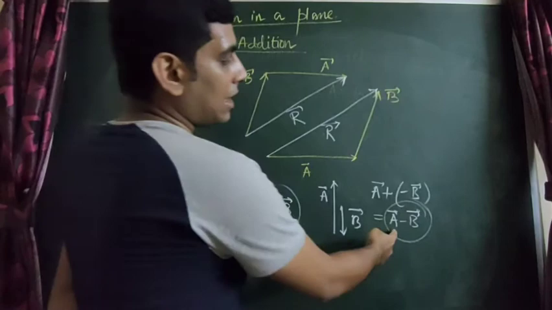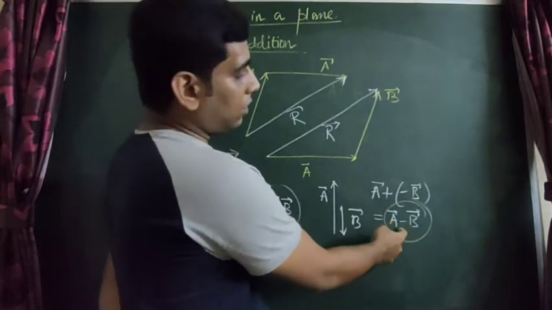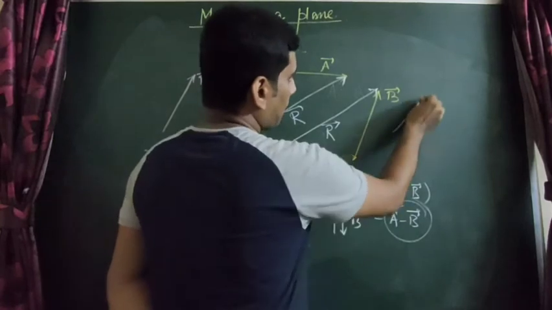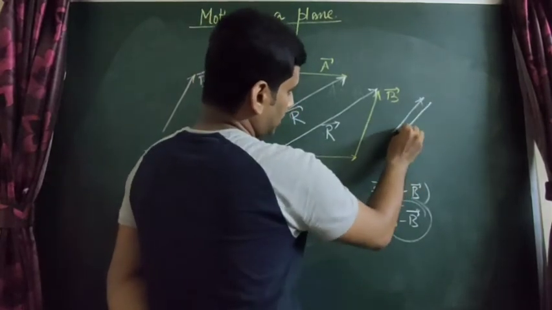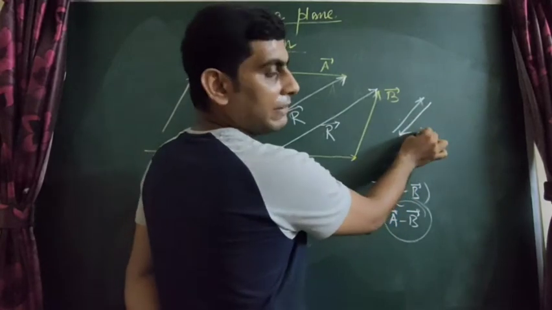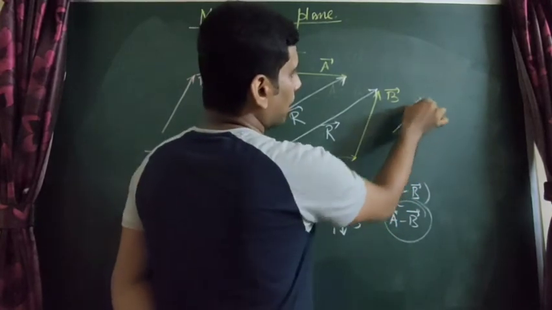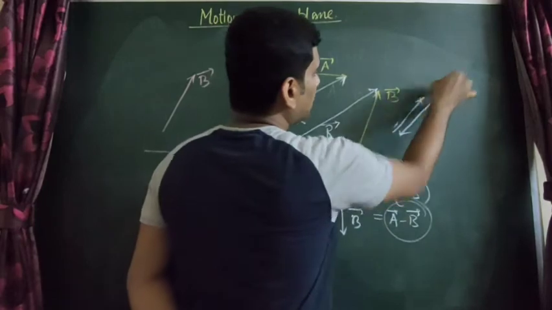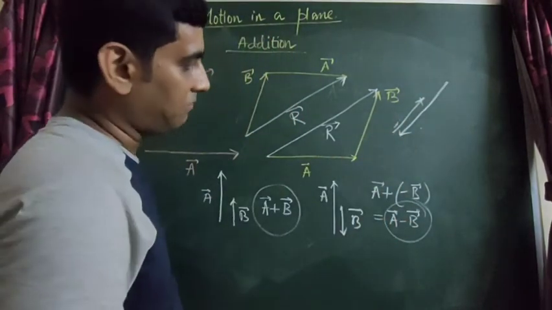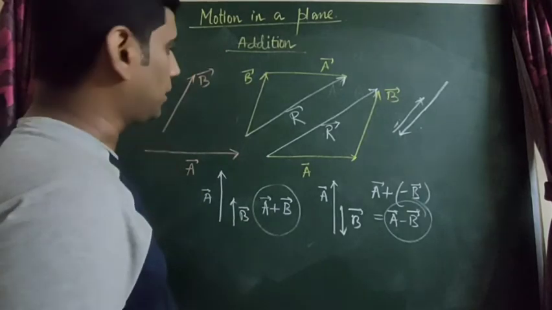If A is equal to B, then only you will get the sum as 0. If this becomes B, then only if you add A with B will you get 0, because they are of the same magnitude. But if B is a bit longer, meaning bigger, then you cannot get 0 by adding them. This is also a property of vector algebra.